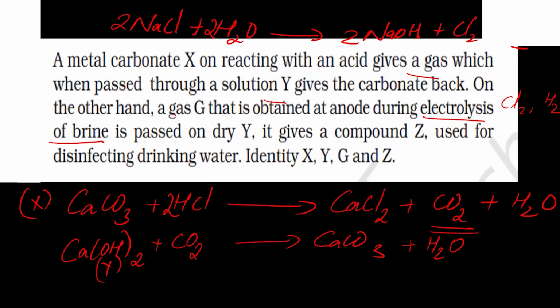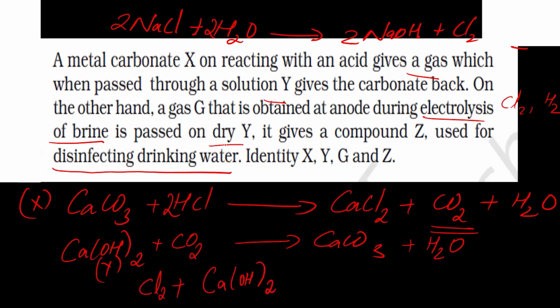So who will be the gas G, hydrogen or chlorine? That is passed on dry Y and gives a compound Z that is used for disinfecting drinking water. Which compound is used for disinfecting water? That is bleaching powder, right? To get the bleaching powder, you have to pass chlorine gas through dry slaked lime.